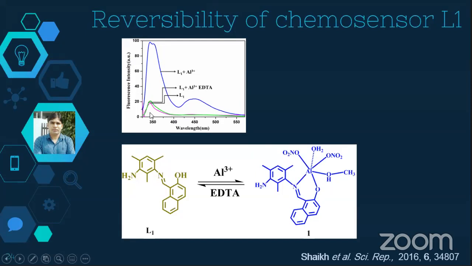And then when you again put excess aluminum, it goes back up. So if you put aluminum, the fluorescence is increasing tremendously, and when you add EDTA, it is again diminishing. So this suggests that your chemosensor L1 is very specific to aluminum, and it is a very good sensor because it also has reversibility.